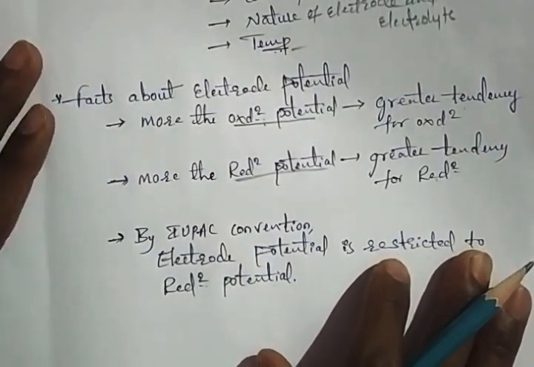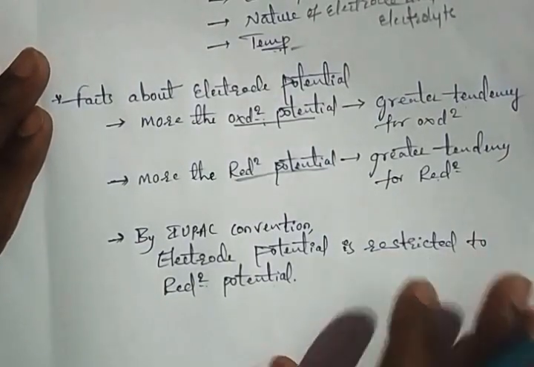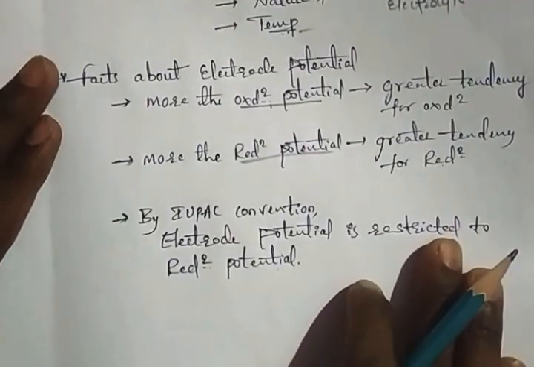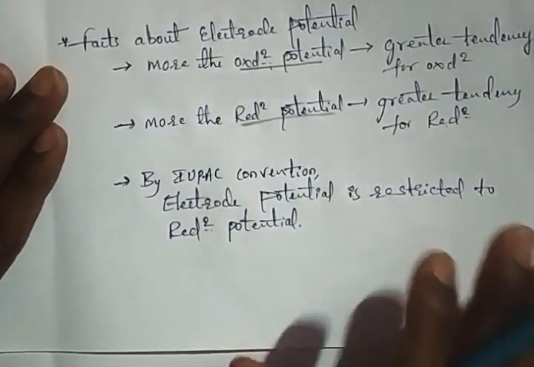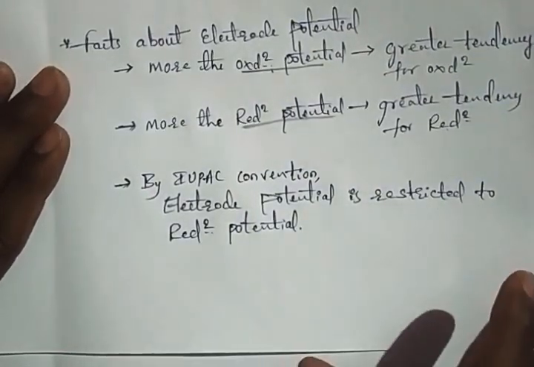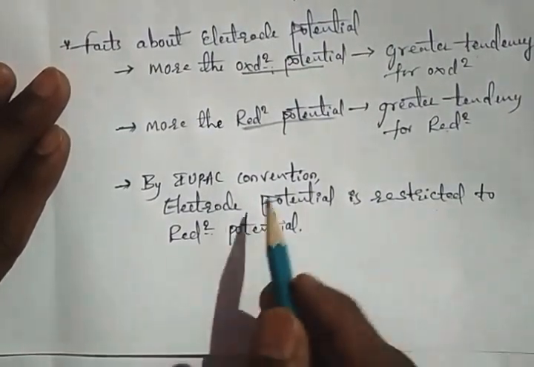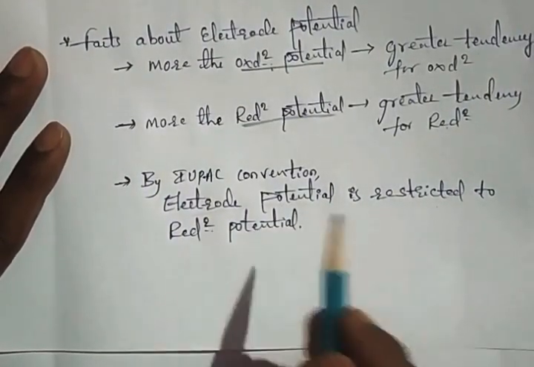In this topic, wherever we use the term electrode potential, it means reduction potential only, unless SOP, that is oxidation potential, is mentioned, or an oxidation reaction is given, in which case we can use it as oxidation potential. But if it is not mentioned, we need to select the reduction potential. This is according to convention.